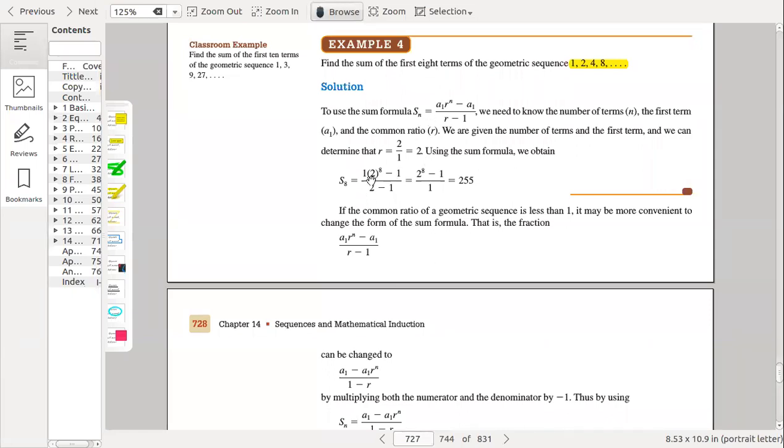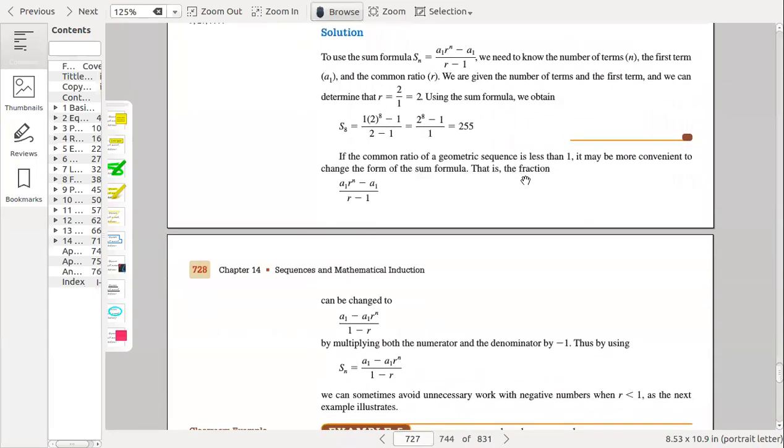So 1 into 2 power 8 minus 1, first term, over 2, the common ratio, minus 1. Then this 1 multiplied, you will get the same term. So 2 power 8 minus 1, over 2 minus 1, which is 1. So 2 power 8 minus 1 is equal to 255. So this is the sum of the first 8 terms of this sequence.